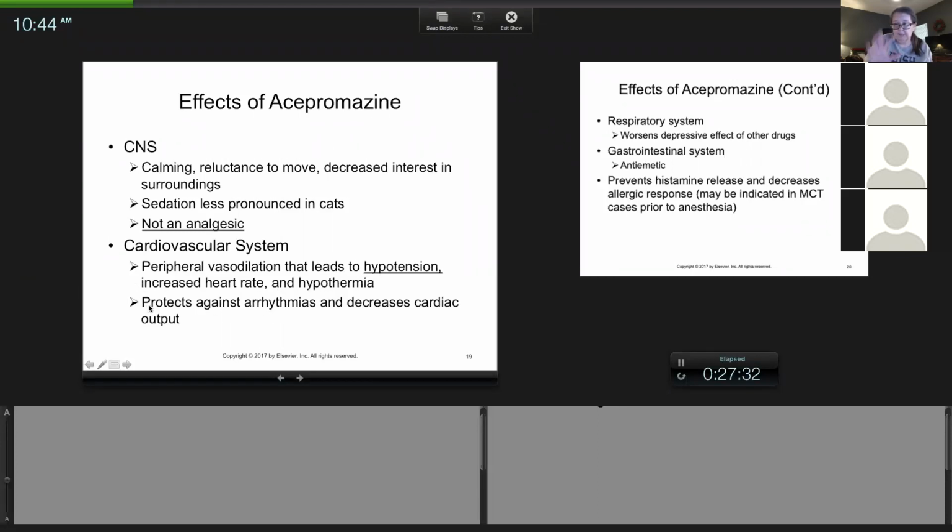Now, that doesn't mean if I have an animal with an arrhythmia, I give it acepromazine. But sometimes ketamine can cause some arrhythmias, some tachyarrhythmias. I like to give ACE with ketamine because the ACE might give me some protection. And it can decrease cardiac output, which at times of high blood pressure could be beneficial.